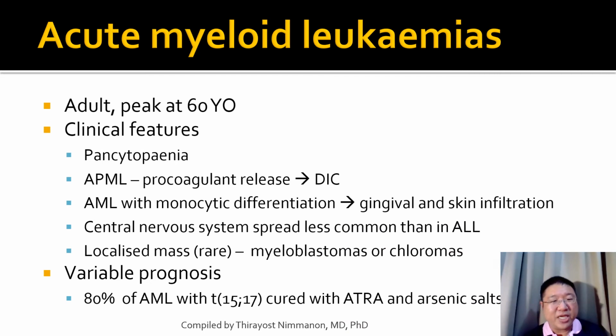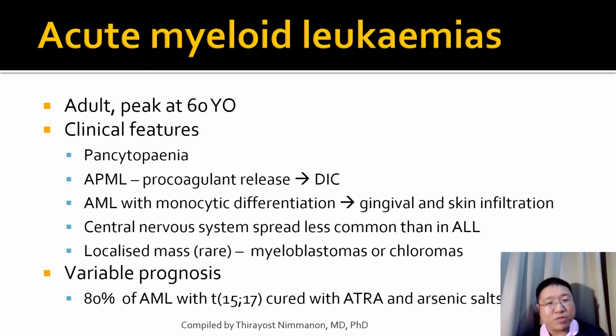So the peak age is around 60 years old, and patients will present with pancytopenia, and in APML or M3, acute promyelocytic leukemia, the release of the granules results in activation of the coagulation system, resulting in DIC or disseminated intravascular coagulation.